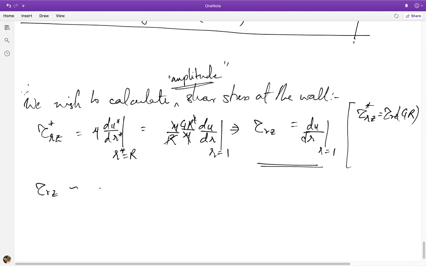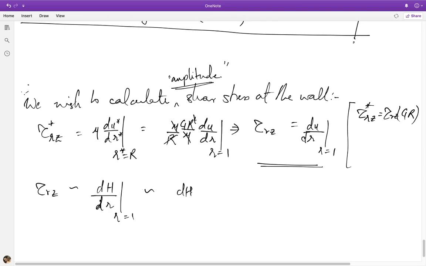And so that amplitude which I'm interested in, tau rz, the amplitude, would scale as dh by dr at r equal to 1. But now in the high frequency limit, remember, I replace h in terms of h bar upon Rw. That was because I rescaled the velocity using the velocity scale coming from a balance between pressure gradient and inertia.